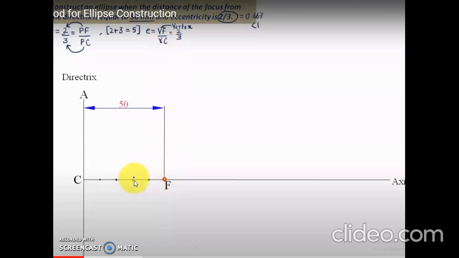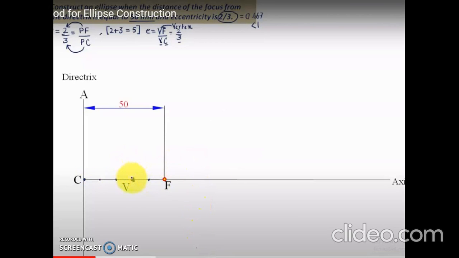And 3 is the denominator, so we calculate this 3 from the directrix line, from the C point: 0, 1, 2, 3. Where these two points meet, that is our vertex point. That's why we mark the vertex point at point 3. So this is the vertex point.